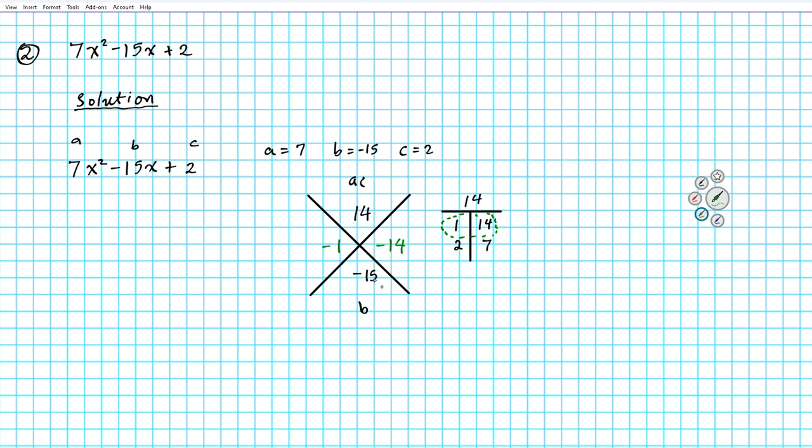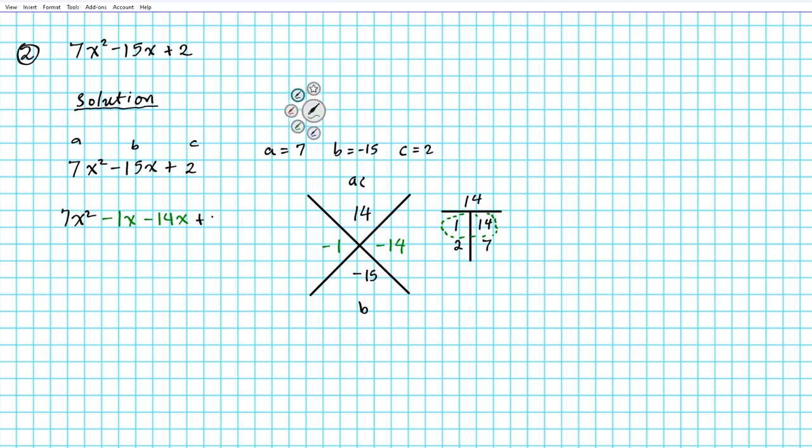And if you add them, you get negative 15. So we're going to replace the middle term, negative 15x, with these two numbers. So we have 7x squared, and then replace it with these. These are the coefficients of the linear term. So minus 1x minus 14x plus 2.